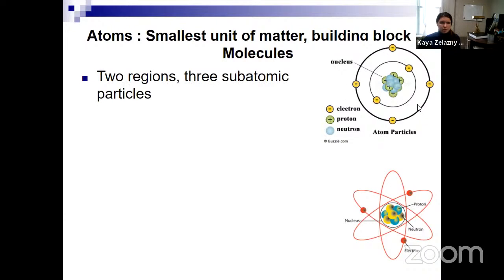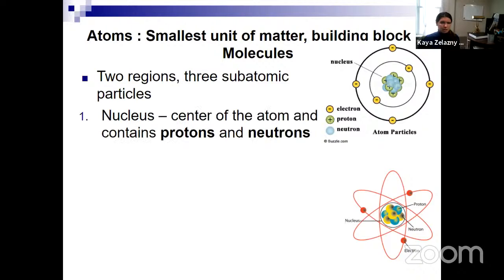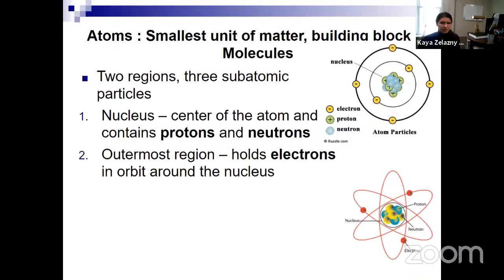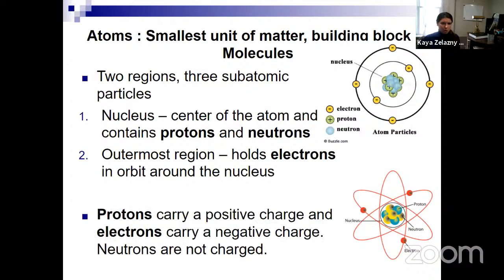Okay. So we have two regions. We have three subatomic particles, the electrons, the protons, the neutrons. Nucleus in the middle with the protons and neutrons. Outermost region has electrons, they're orbiting around. Protons carry a positive charge, electrons carry a negative charge.